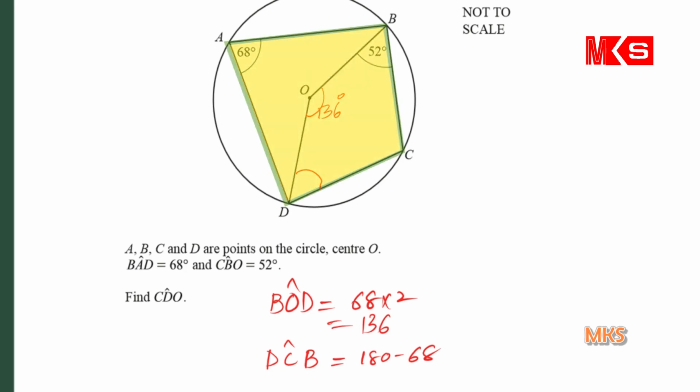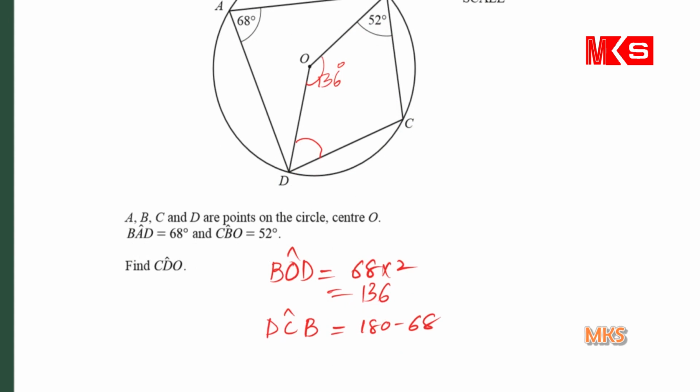A cyclic quadrilateral is a four-sided polygon whose four vertices are on the circumference of a circle. Opposite angles of a cyclic quadrilateral are supplementary, meaning their sum is 180. So that will give us 112.